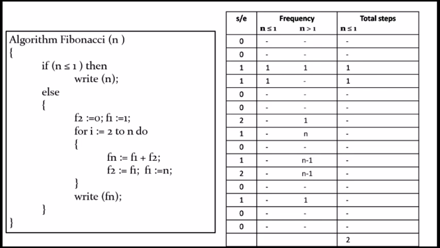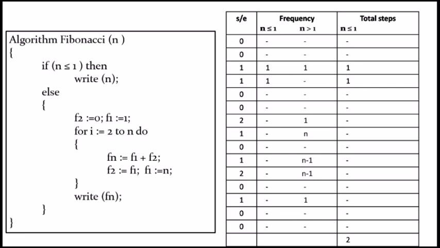We are trying to find whether n is less than 1, which is false, but we are executing that statement, that means frequency will be 1. Next line, because the condition is false, we are not executing the write n statement, so frequency will remain 0. Then else will also be considered as 0, because it is just a keyword, we are not calculating anything.